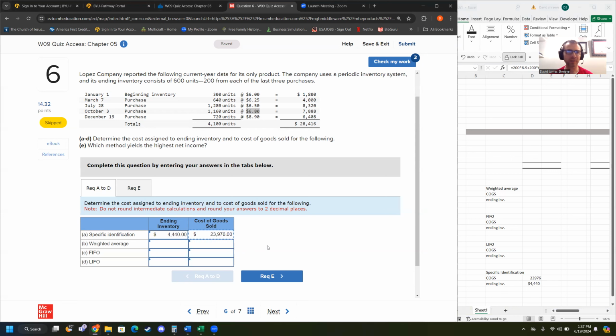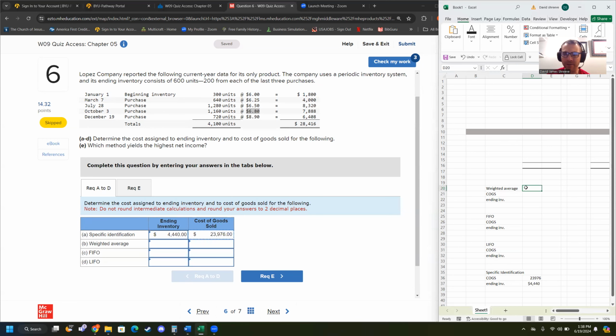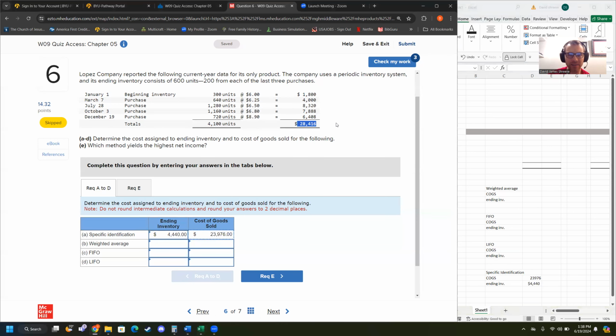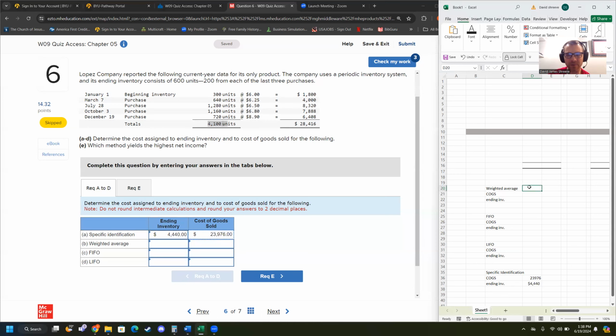So with the other, weighted average is fun. All right, so weighted average up here. So yeah, weighted average, we just take this number and we divide it by this number. And that gives us our weighted average.